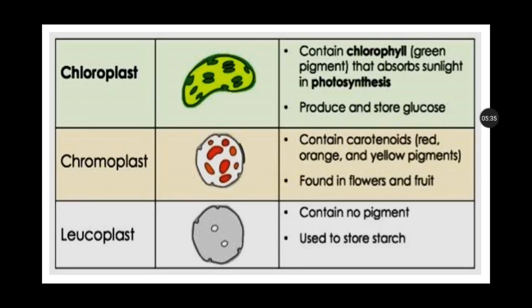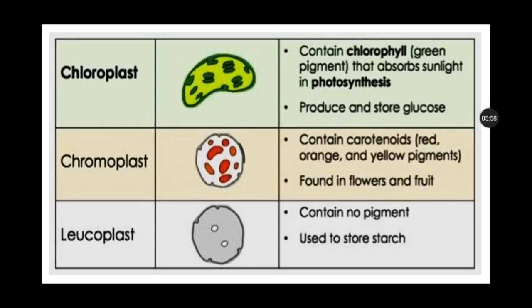Now, as you can see in this picture, the chloroplasts are green because they contain the green pigment chlorophyll. Its function is to absorb sunlight and do photosynthesis, and it produces starch and glucose, and also stores glucose.